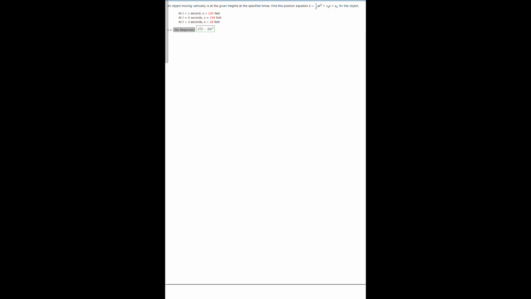So what we have to do here, at the specific times, at 1 second, 2 seconds, 3 seconds, we have to plug this information into the position equation that we were given in the original problem. So at t is equal to 1 second, where s is 156 feet, we take 156 equals 1/2 a times 1 squared plus v naught times 1 plus s naught.